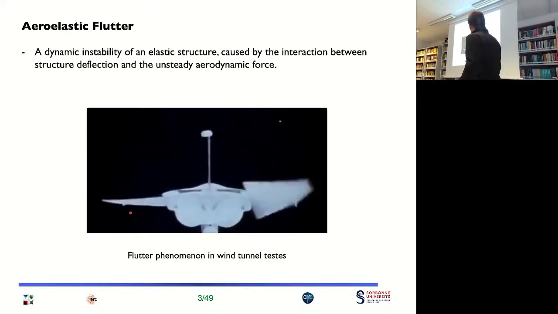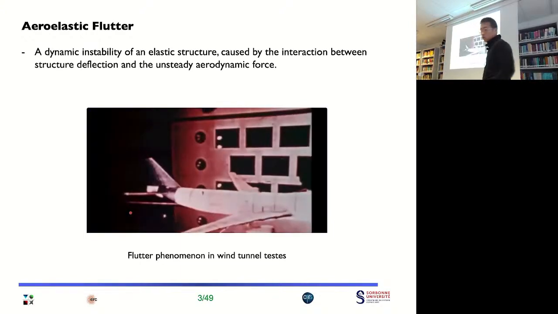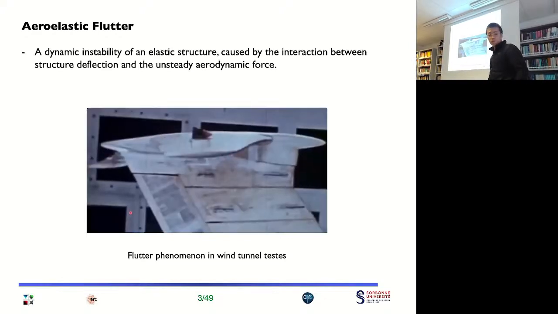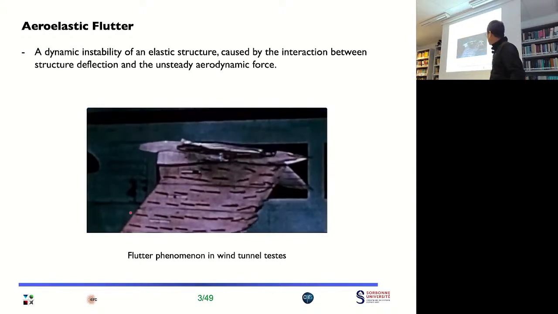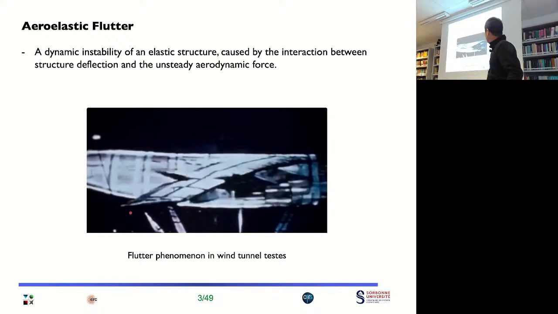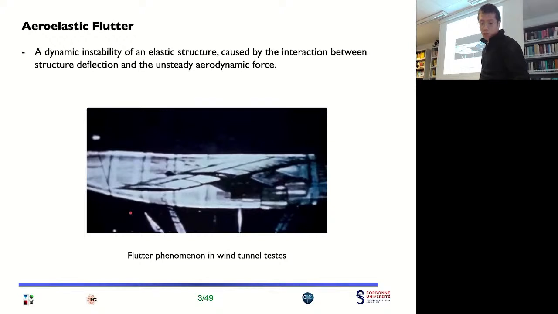This movie about a wind tunnel test shows how flutter can destroy an aircraft. So predicting the flutter onset during the design stage and avoiding flutter during flight are very important tasks in the aviation industry.